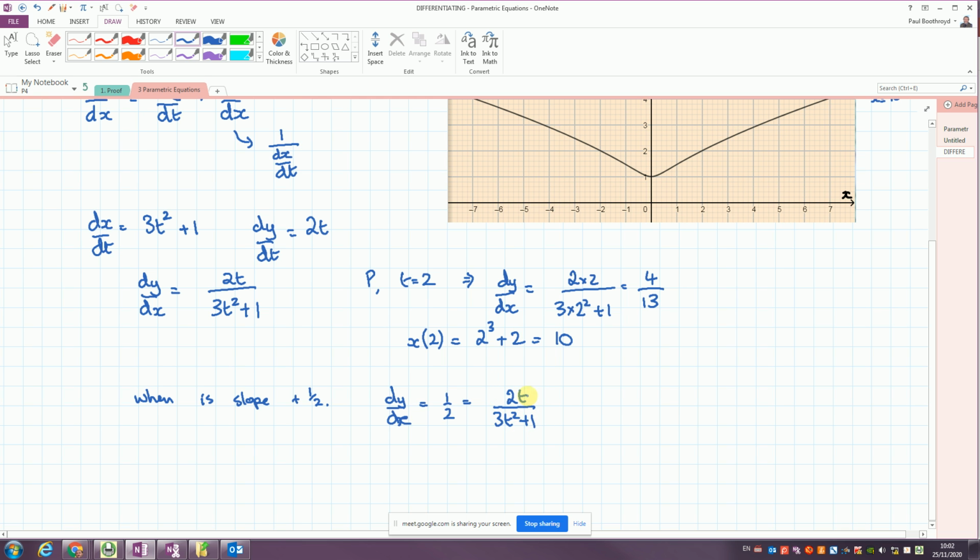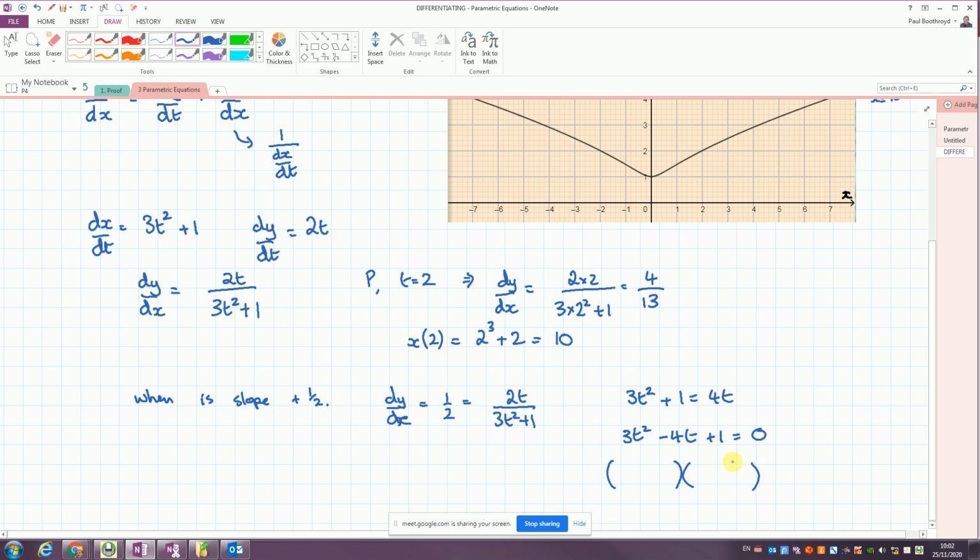And we're trying to rearrange this so that we get an equation. So we've got 3t squared plus 1 equals 4t. So 3t squared, bring the 4t back to the other side, minus 4t, add on 1, equals 0.